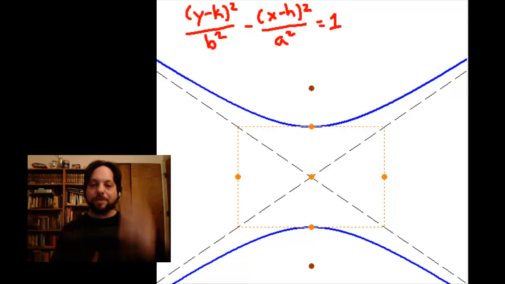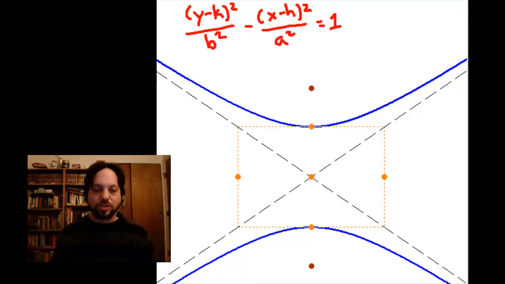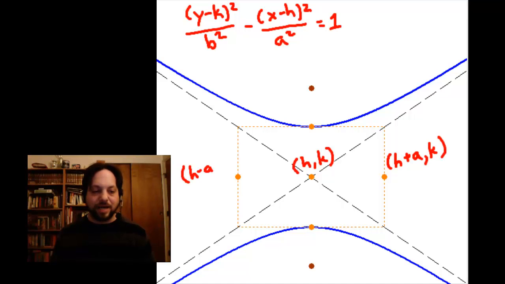Notice that it's opening up and down this time. Of course, our center, just like it always has been, is going to be h comma k. I can still get to my conjugate vertices, similar to how I did before. Since I'm going sideways, those will be h plus a comma k and h minus a comma k. So no big difference there.